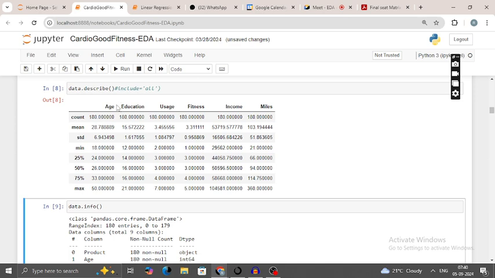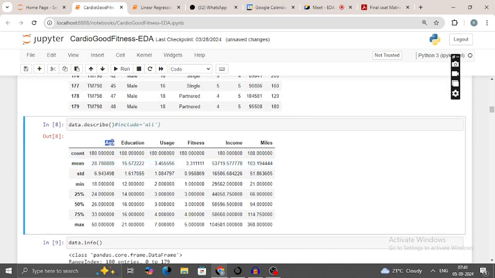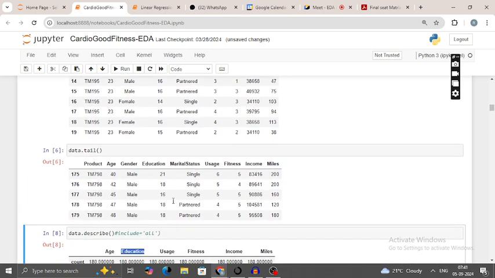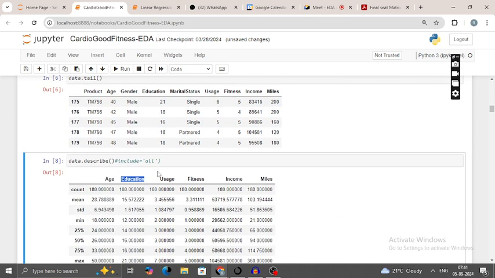It will consider only those. Age is an integer. Education, look at this, is given here in terms of numbers. Actually, education will not be in terms of numbers. Maybe in this data they have studied 21 years, 18 years, 16 years, I am guessing, it would be like that.